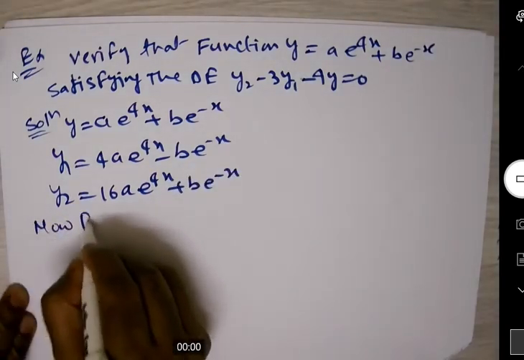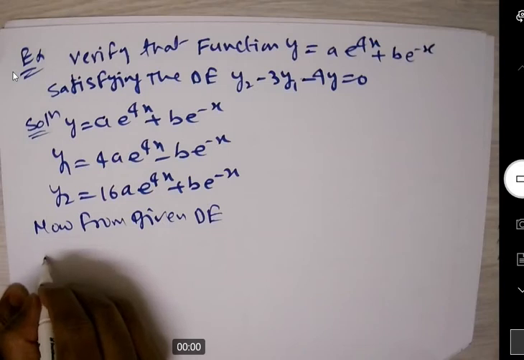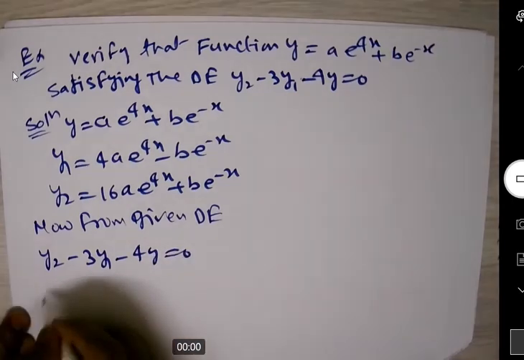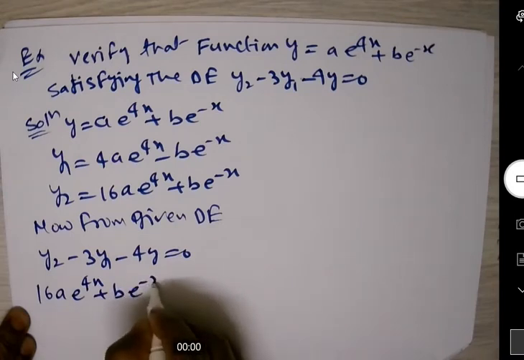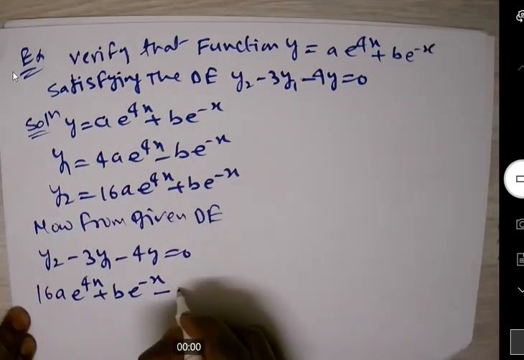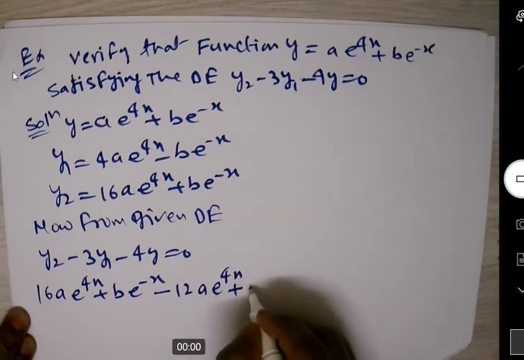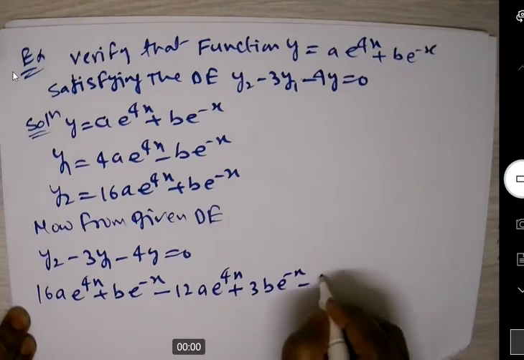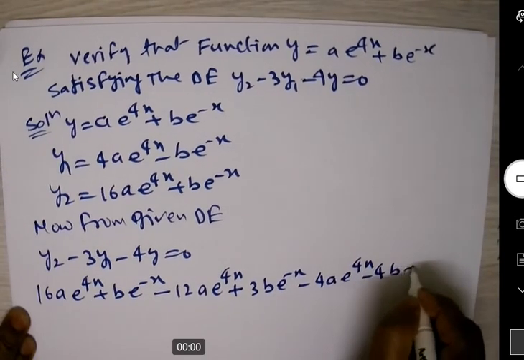Now from the given differential equation, y2 minus 3y1 minus 4y should be equal to 0. So check: 16a e power 4x plus b e power minus x, this is y2, minus 3y1, that means 3 multiplied by the full term. So 3 multiplied by 4 is 12a e power 4x, minus and plus 3b e power minus x, and then minus 4y means 4a e power 4x minus 4b e power minus x.